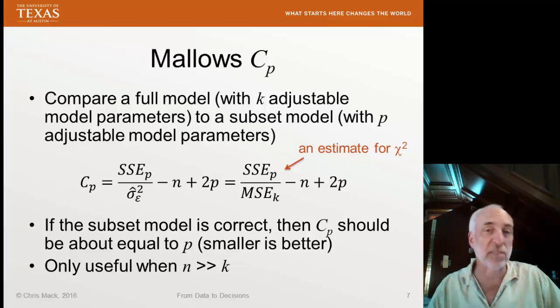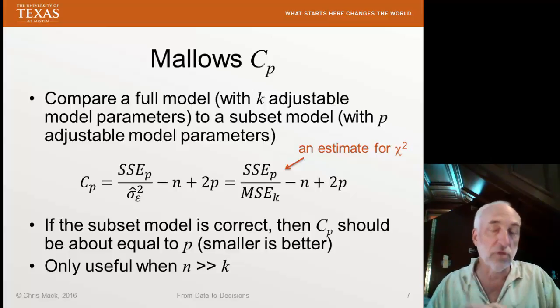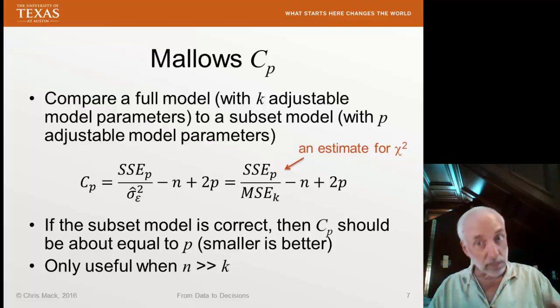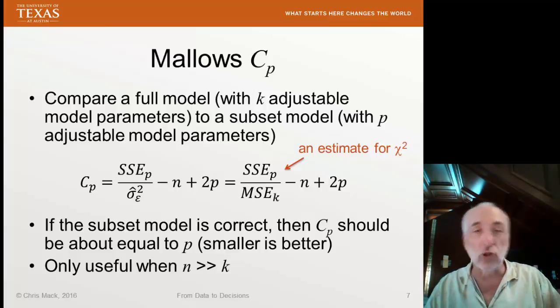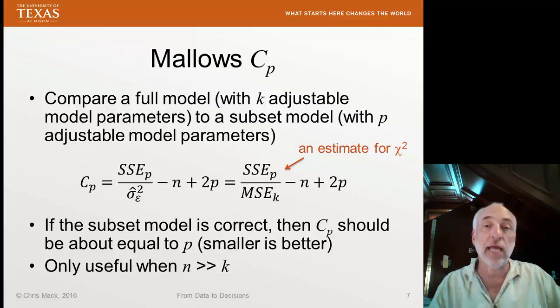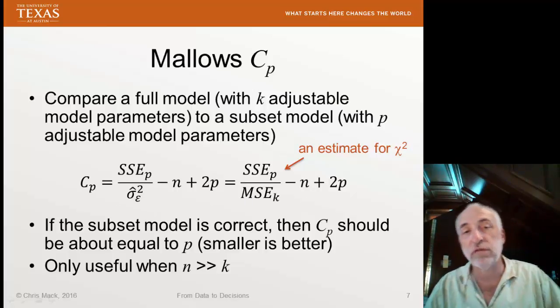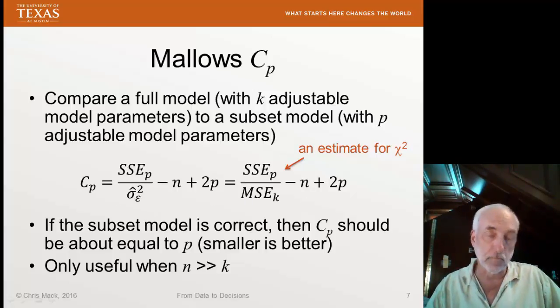But it's a special estimate that's based on comparing a subset model to a full model. The assumption here, let's figure out what the assumption is. The assumption here is that the full model has no model error. That is, I've done a good job creating a full model that captures all the systematic variation, and the mean square error of that model is then a good estimate of the true variance of the residuals.